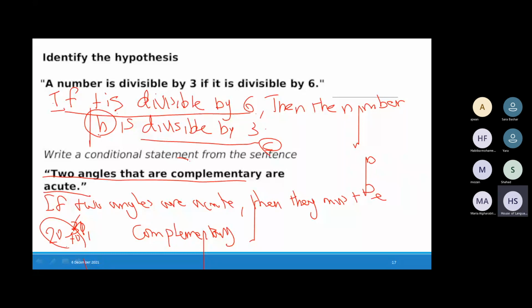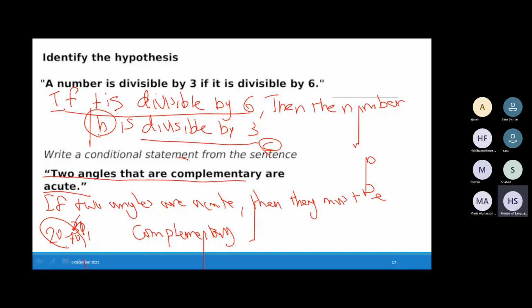By the way, this one later on we call biconditional. Another example, like if two angles are complementary, like 10 and 80, they are complementary and they must be acute. This we call biconditional later on. If you change the order, it's still working.